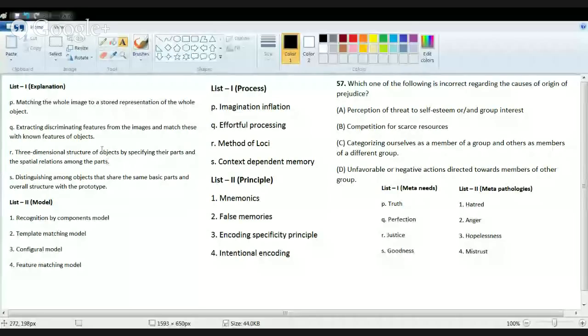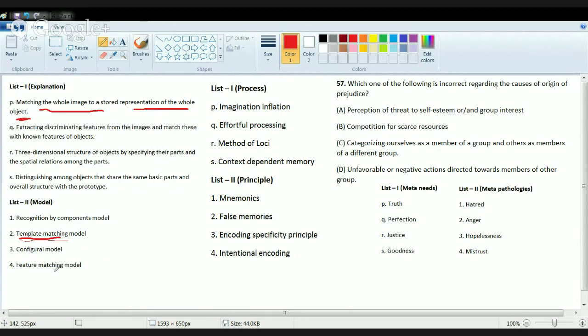Now here are the various models that we need to match with the explanation. So it's a very simple question. Here, just try matching the phrases. So, template matching: I'm matching the whole to the stored representation of the whole object. So that is template matching.